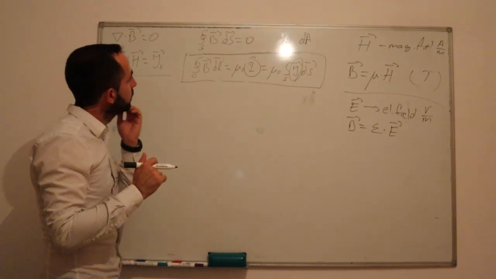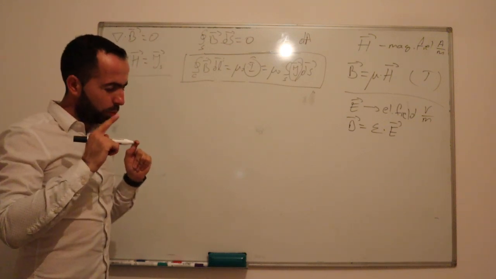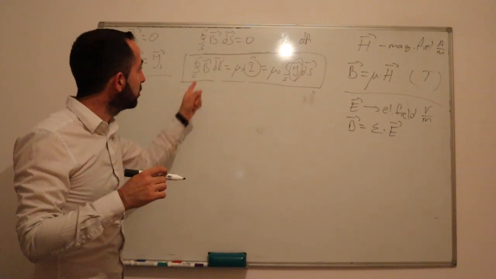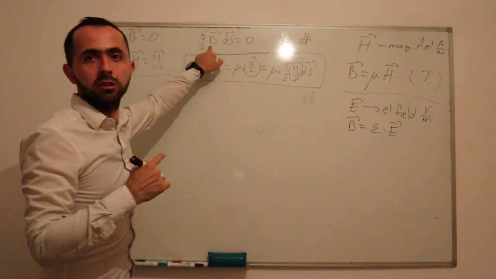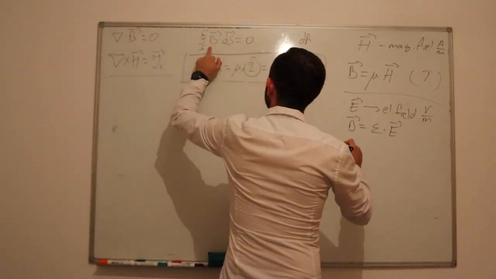But how were these equations in electrostatics? We won't write them, we had the same equations. We called it Gauss's law for the electric field.